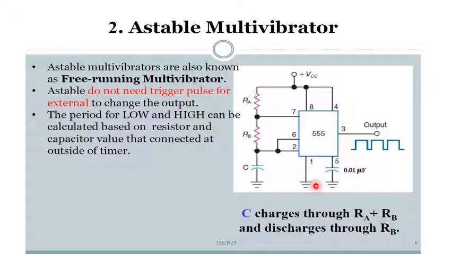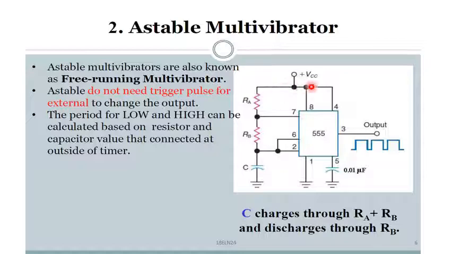Pin 1 is connected to ground, and pin 5, the control pin, is connected through a capacitance of 0.001 microfarad. RA and RB are the 2 external resistances, and C is the capacitor, connected over here. The output will be obtained based on the charging and discharging time of the capacitor. Usually the capacitor charges through the resistances RA and RB, whereas it will discharge through the resistance RB.